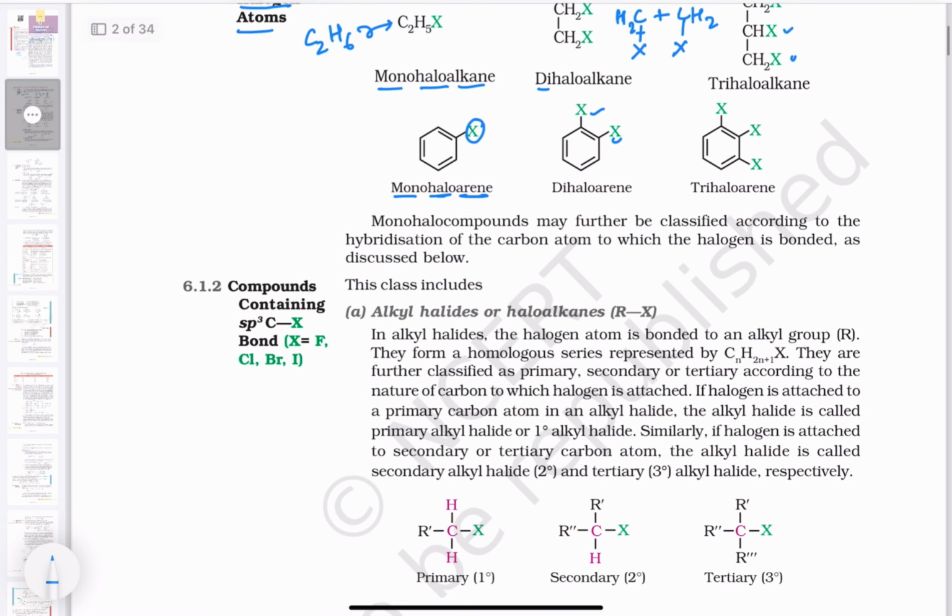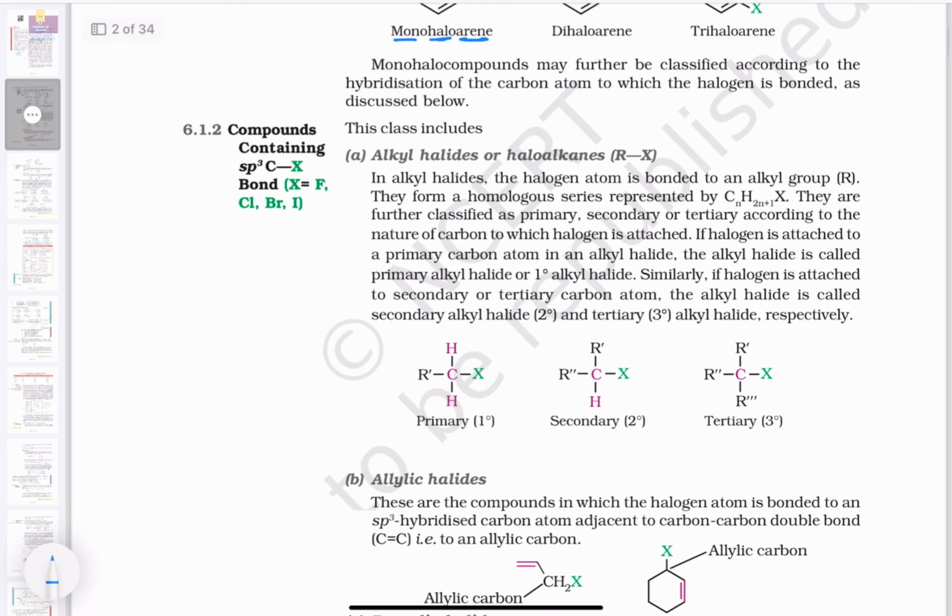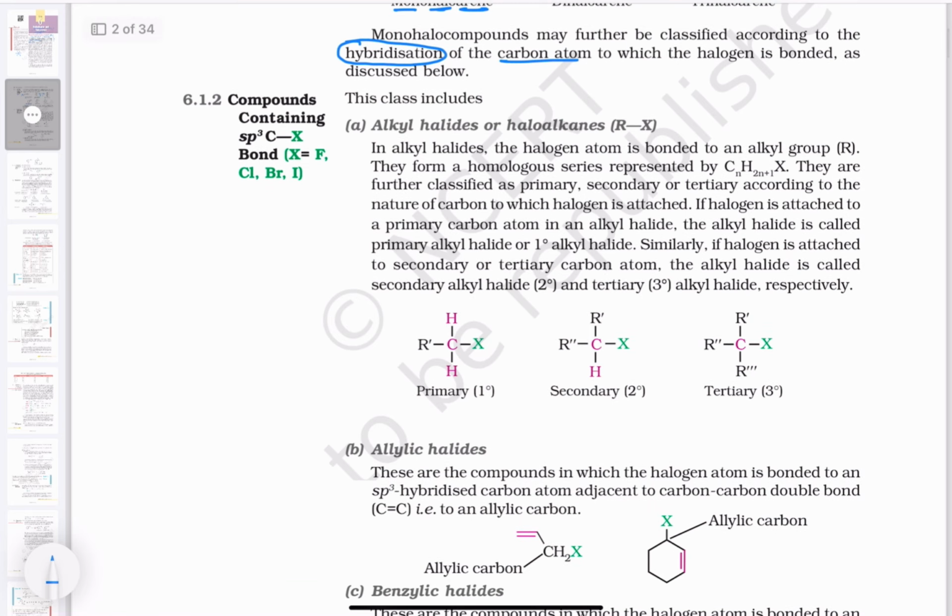Monohalo compounds may further be classified according to the hybridization of the carbon atom. Now you know what hybridization is, right? In a simple way, it is the mixing of two orbitals. Hybrid means mixing of things.